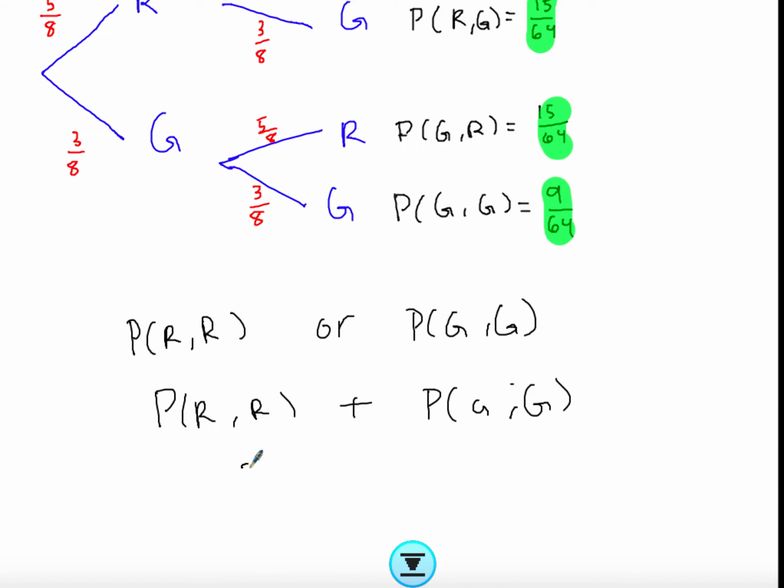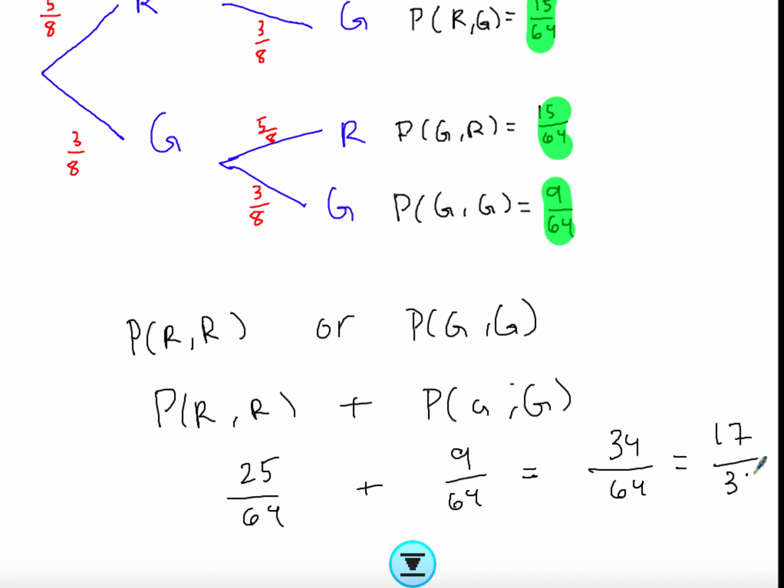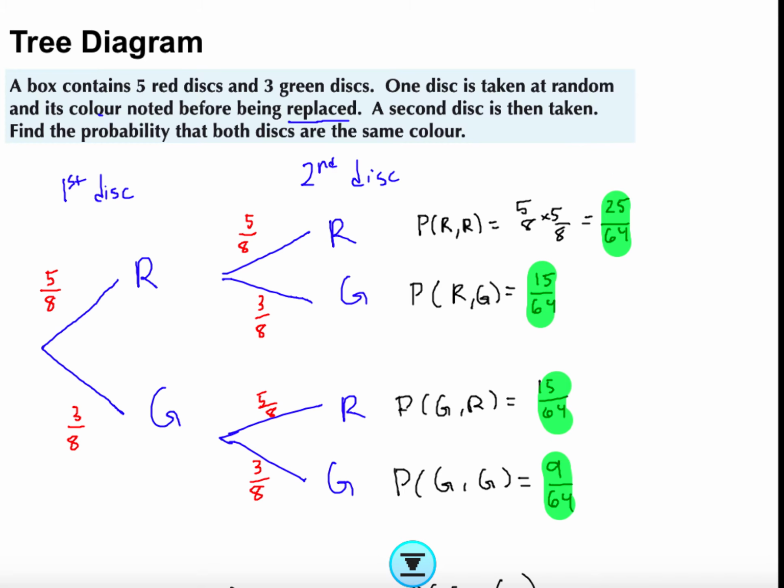Red and red has a probability of 25 over 64, and green and green has 9 out of 64, and adding them together will give me 34 out of 64, which simplifies to 17 out of 32. So that's the clearest way of using a tree diagram. Make sure you list all the probabilities, and if you want to know the probability at the end of a branch, you have to multiply the branches because you're thinking red and red, so it's an AND rule, and the probabilities should add up to 1.